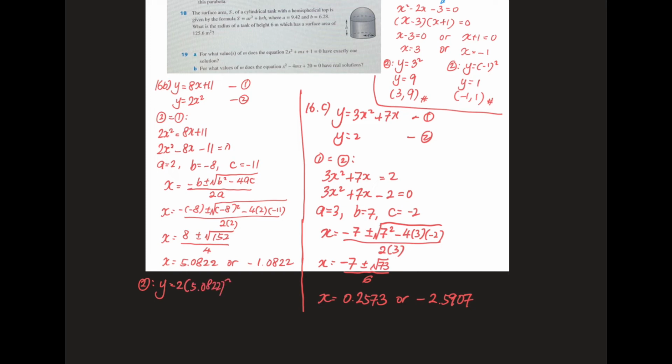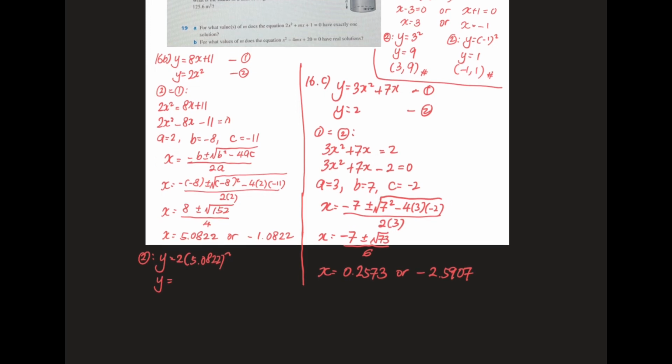So y equal to 2x squared. Okay, then we will get 2 times 5.0822 squared. So we get 51.6575. Okay, so this is one intersection point.